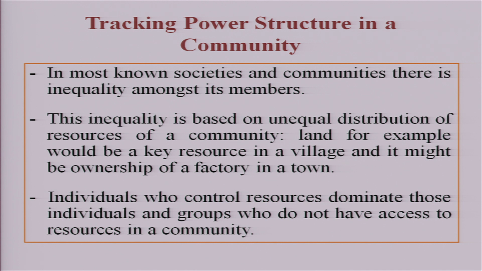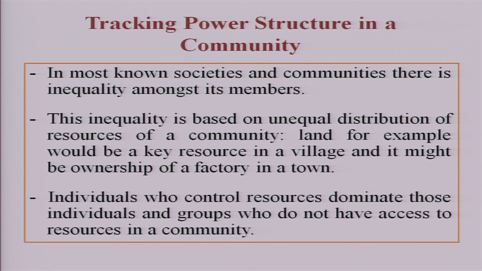Could you say something about tracking power structure in a community? Yeah, earlier also I said that in a community there are different types of members. There is a lot of inequality among the members of the group, and there are three indicators of power. First one is wealth, second one is gender, and third one is land.